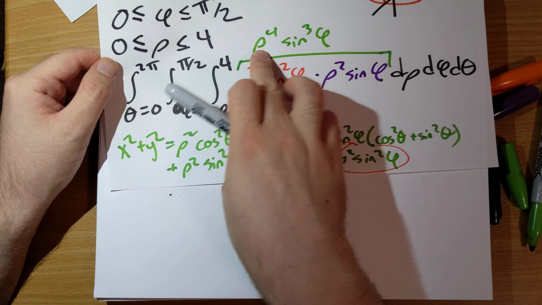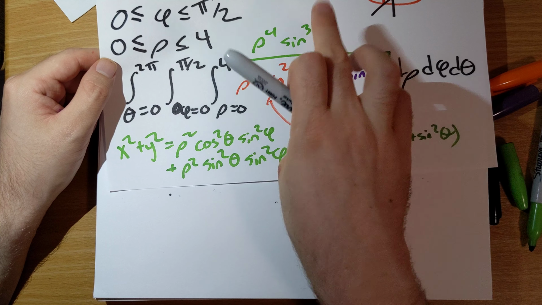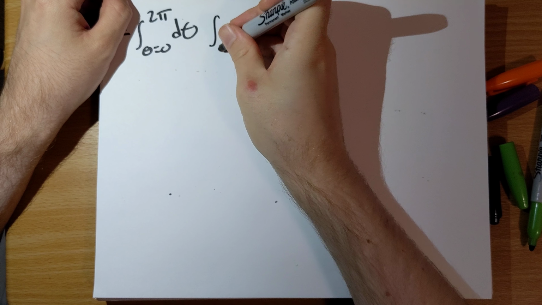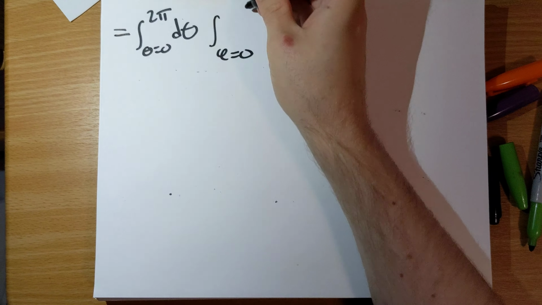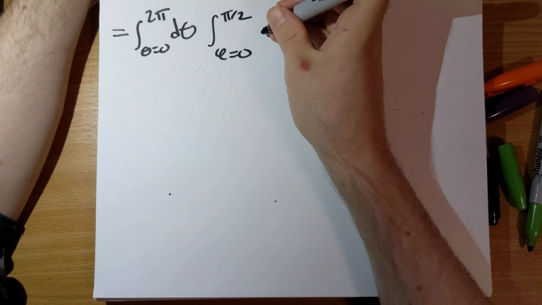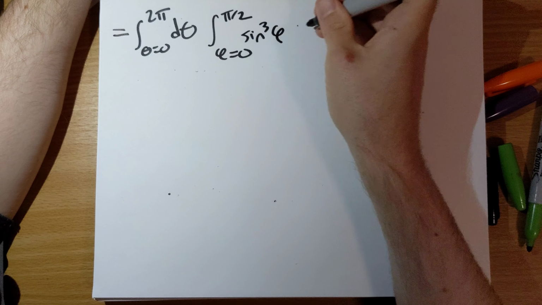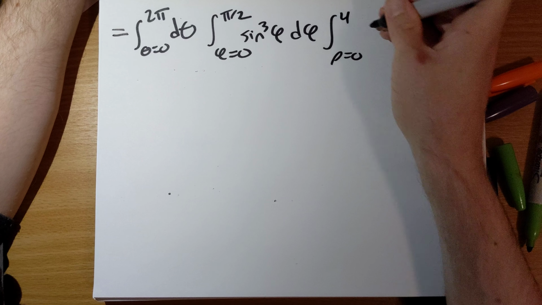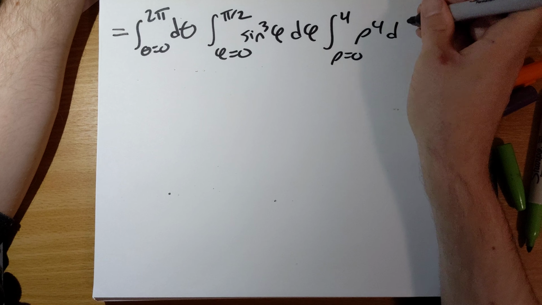We can write this as the product of something that depends on rho times something that depends on phi here. Okay, the next one, phi runs from 0 to pi over 2 of sine cubed phi d phi. And then rho runs from 0 to 4, rho to the 4th d rho.